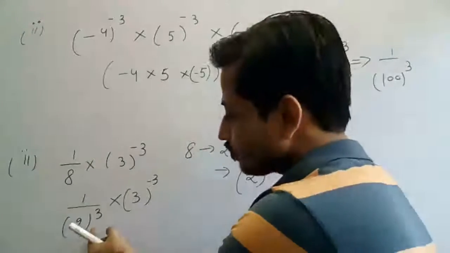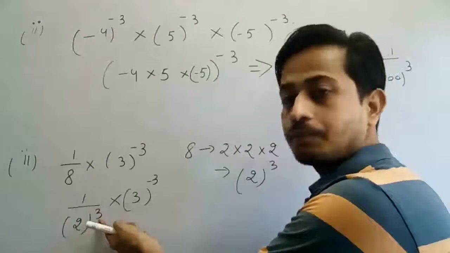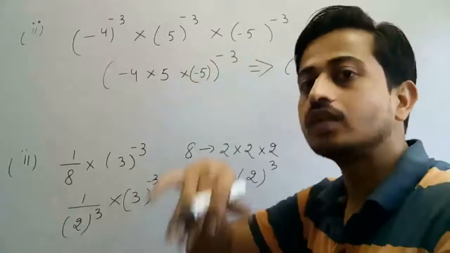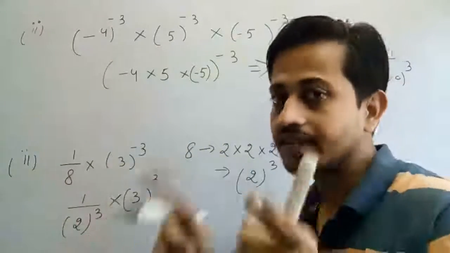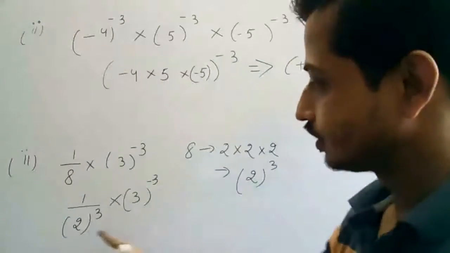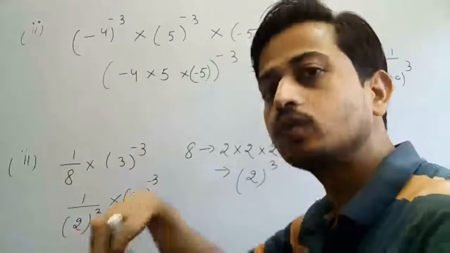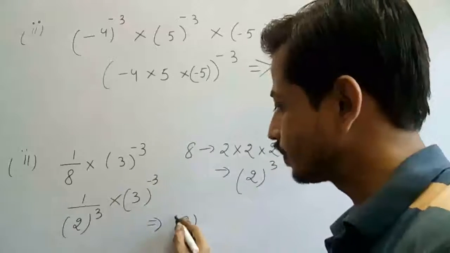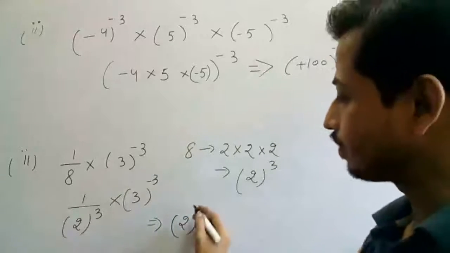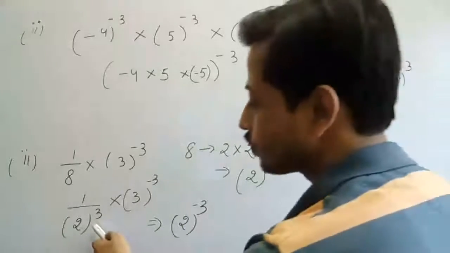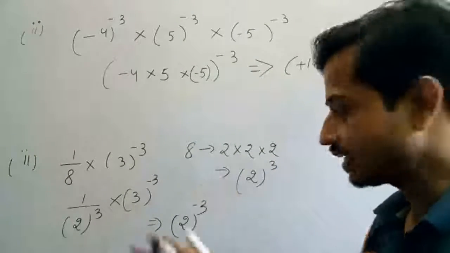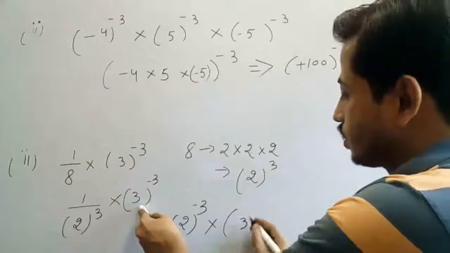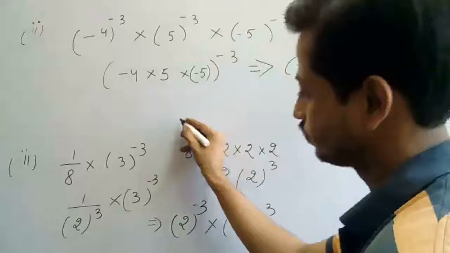The power is in the denominator. If I move it into the numerator part, the sign of the power gets changed. So I am going to move this 2 into the numerator part. This becomes 2 as it is because the exponent remains same. The power sign will be changed. Here the sign of the power is positive 3, it gets negative 3. Multiply 3 raised to the power negative 3.